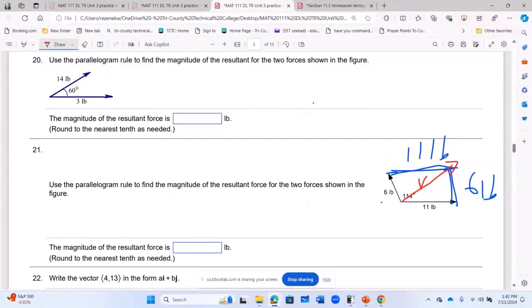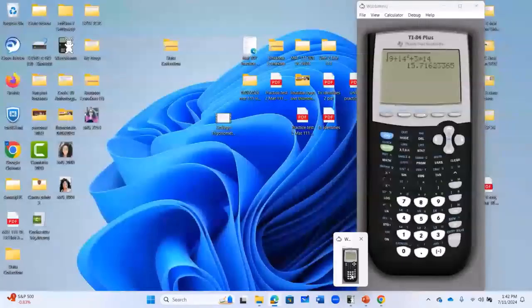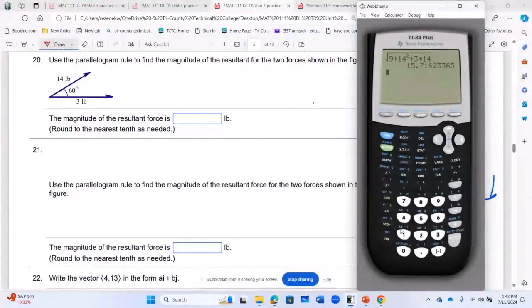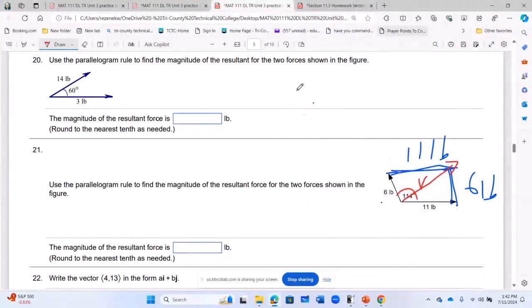The diagonals of a parallelogram do not bisect each other. But one thing I do know is that adjacent angles of a parallelogram are supplementary. So 180 minus 114. I have 180, take away 114, and I have 66 degrees.